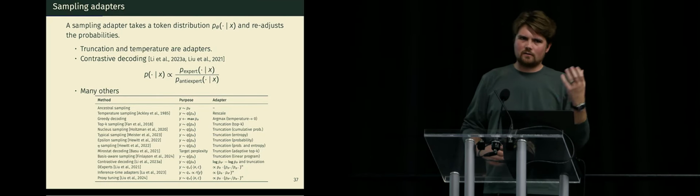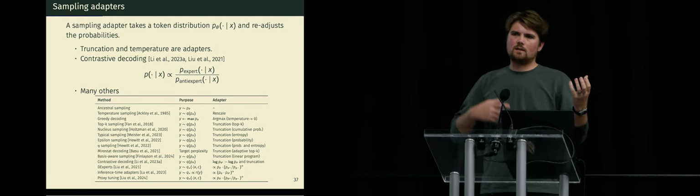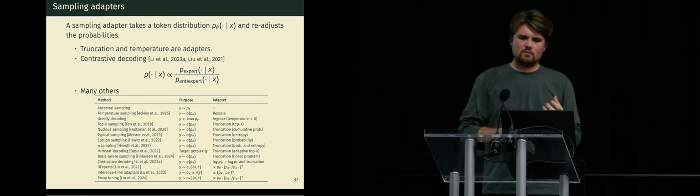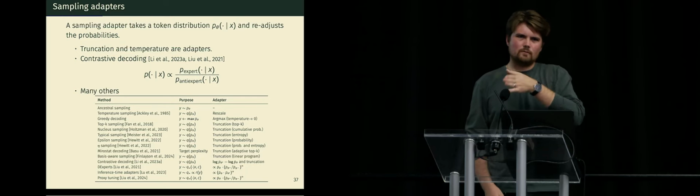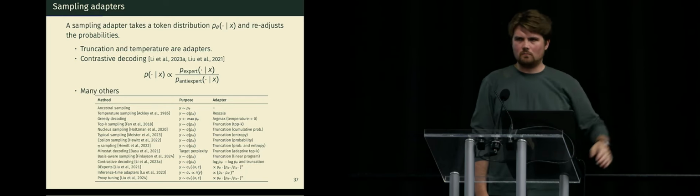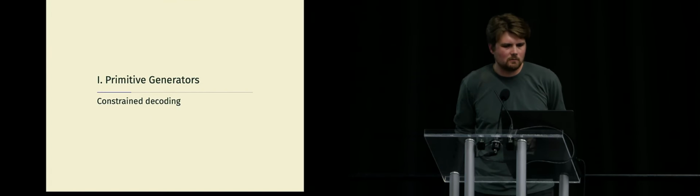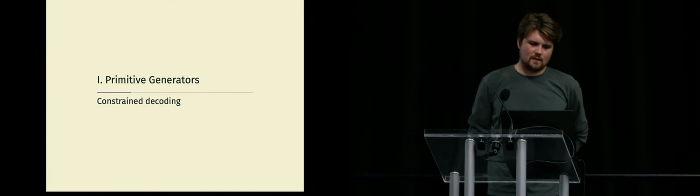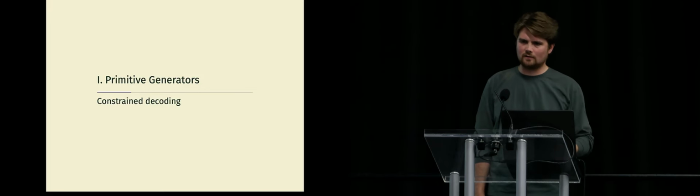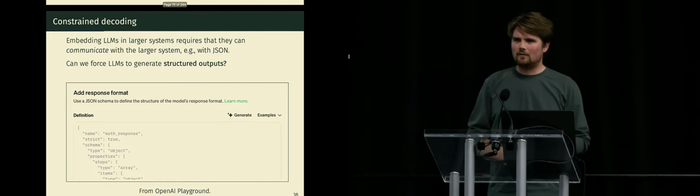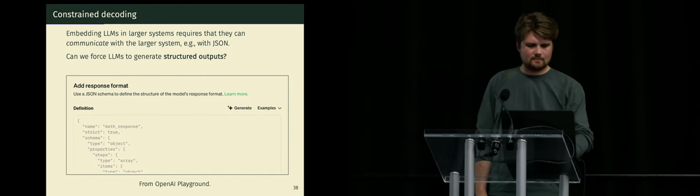You have a model whose behavior you want to emulate, and a model whose behavior you don't want to emulate, and you combine those two distributions to move the distribution more towards the desirable model. In our survey paper, we cover a ton of different sampling adapters, so I recommend you take a look there. Lots of them have different properties that are favorable for different types of tasks.